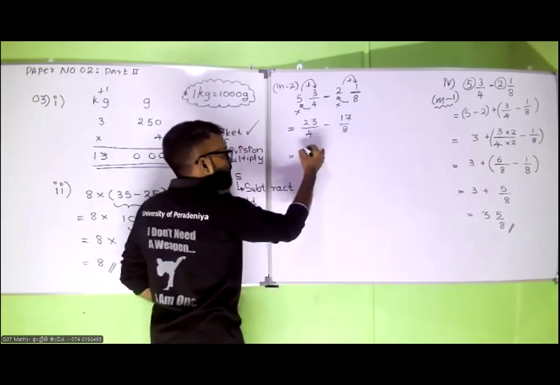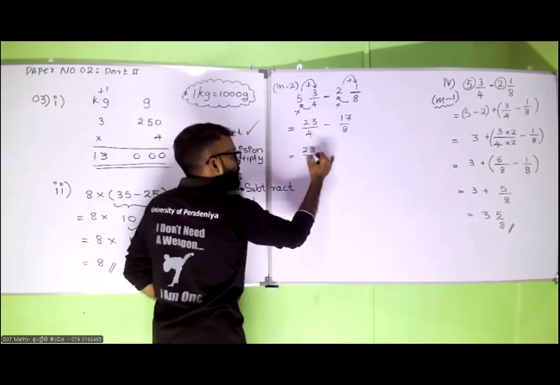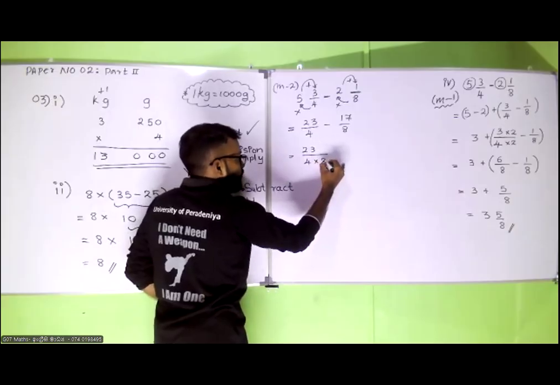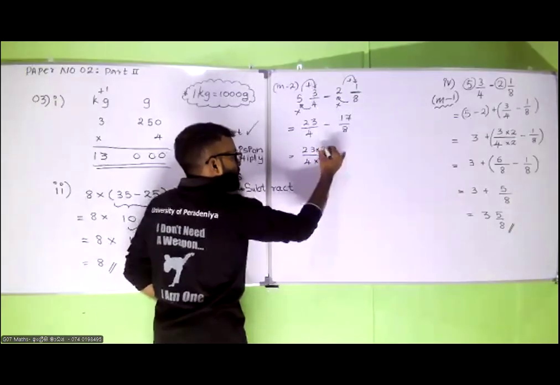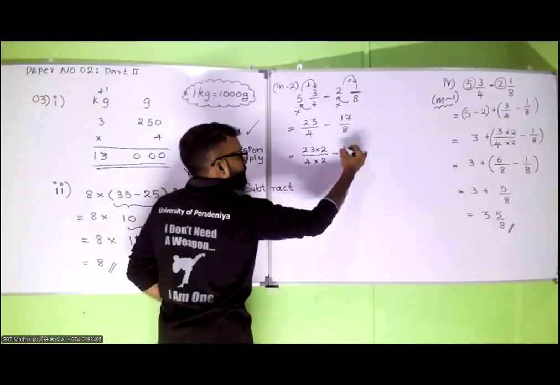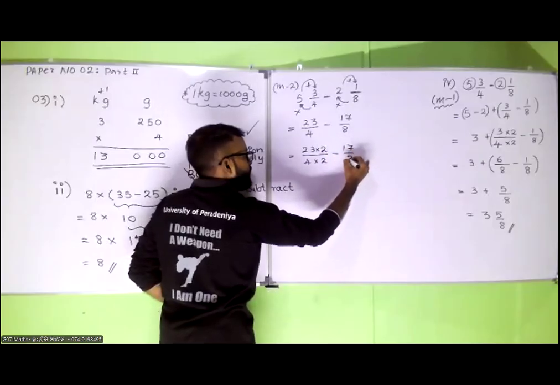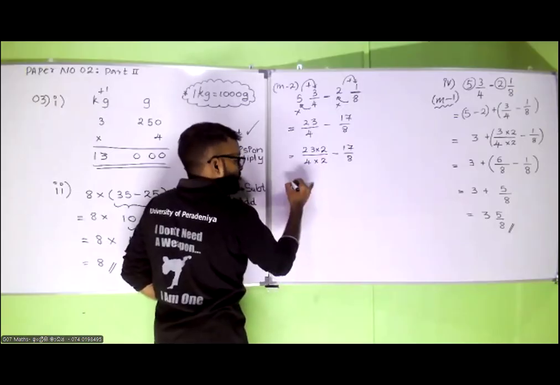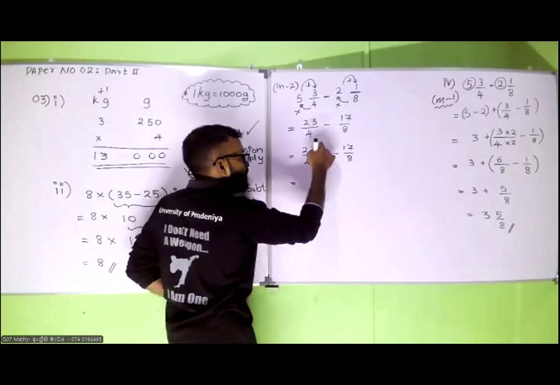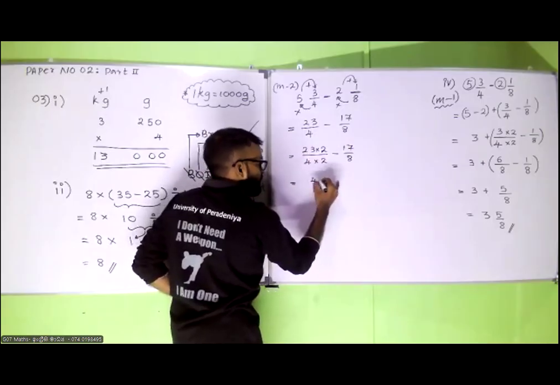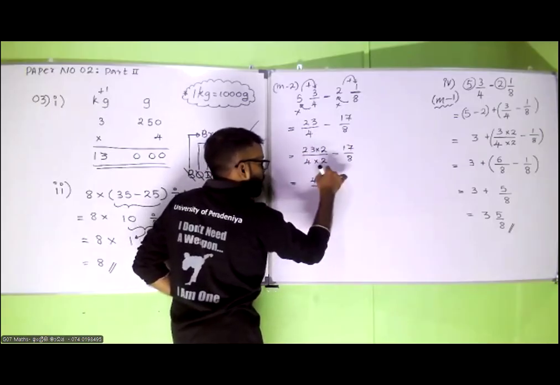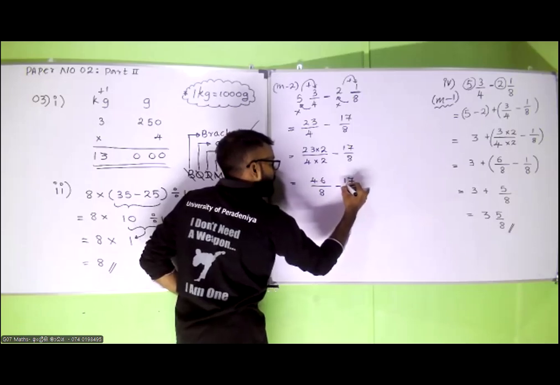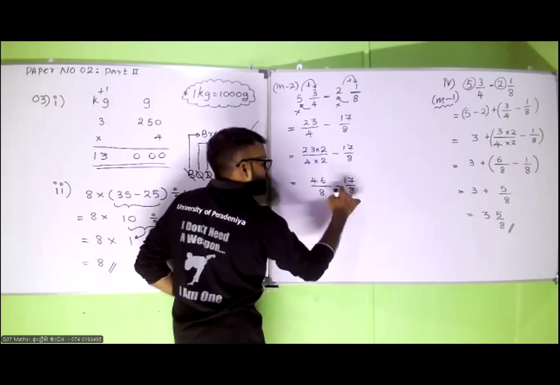So 23 upon 4, multiply by 2, so that you can have equal denominators. If you have equal denominators, you can simplify this. 23 times 2, 46. 4 times 2, 8. And 17 upon 8.